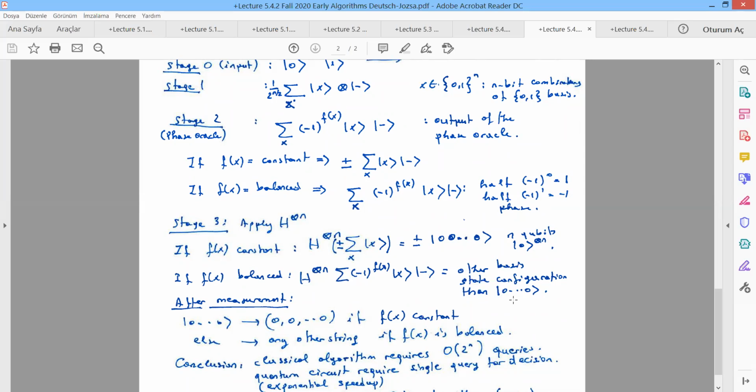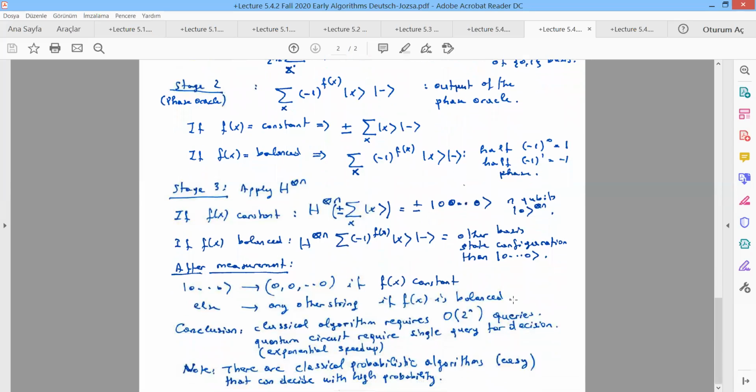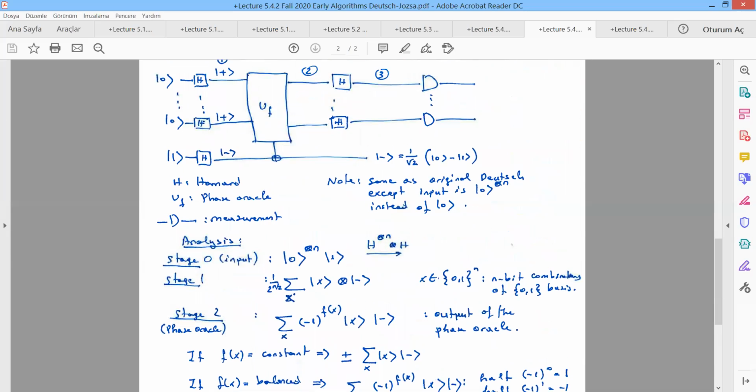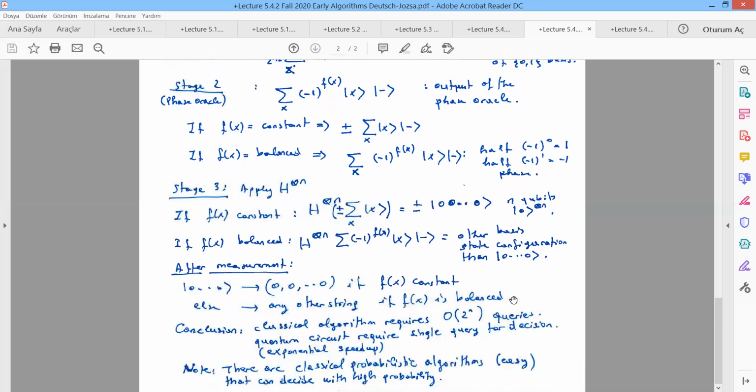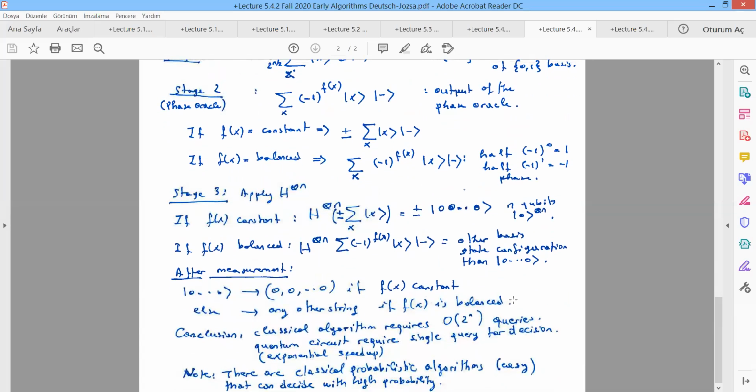So in conclusion, what we have seen is that a classical algorithm requires order 2 to the n queries, an exponential complexity, as we discussed. But quantum mechanically, there is an algorithm through a single query.